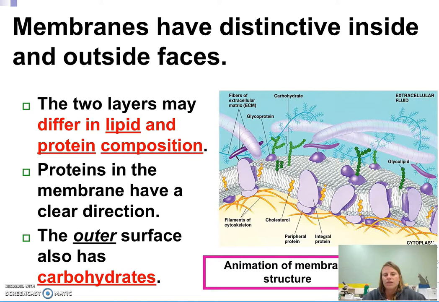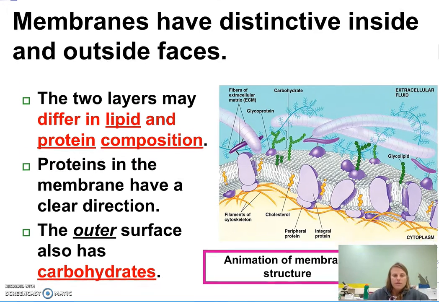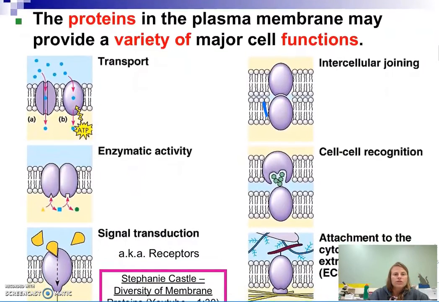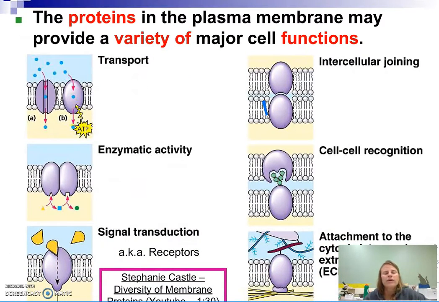In other words, the side facing the extracellular fluid will differ from the side facing the cytosol, and it will differ in both lipid and protein composition. Furthermore, the outside will have carbohydrates. So that's how they differ in structure, but they also have a great variety of functions.